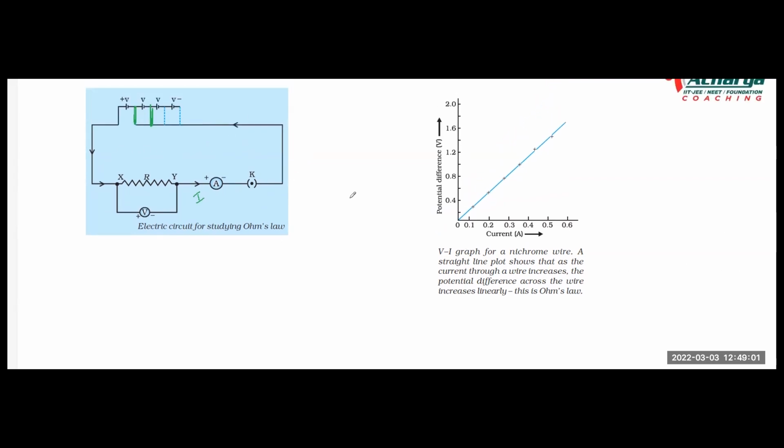So according to Ohm's law, we can write V by I equal to R.